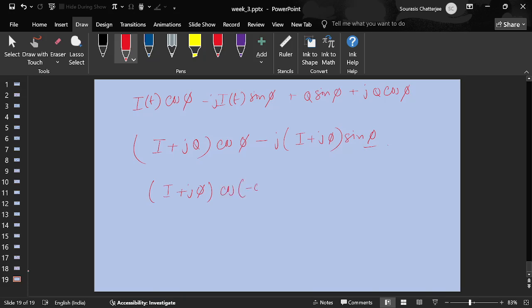I can write it cos of minus phi because cos of minus x is cos x, and here it will become I plus j phi. I can take the minus inside, sin minus phi j. So this I plus jQ is your complex baseband signal, that is S here.